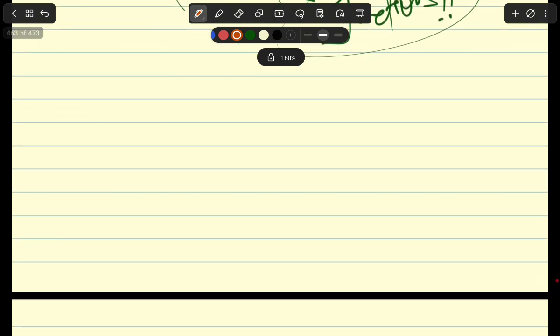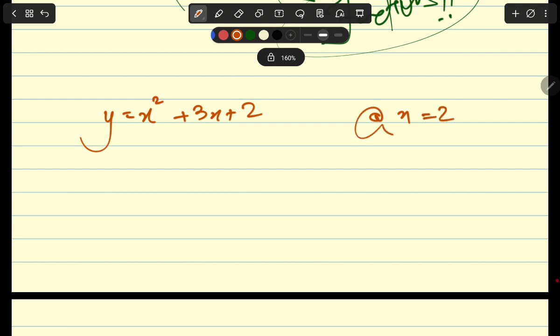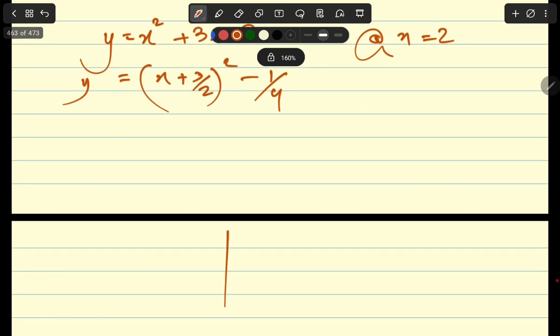Let's say that Cambridge wants you to find the equation of a tangent of this function at x is equal to 2. First of all, this is a quadratic function. If I look at it, this is (x plus 3/2) whole squared minus 9/4 minus 1/4, the minus 1/4 being the constant. So the function looks something like this.